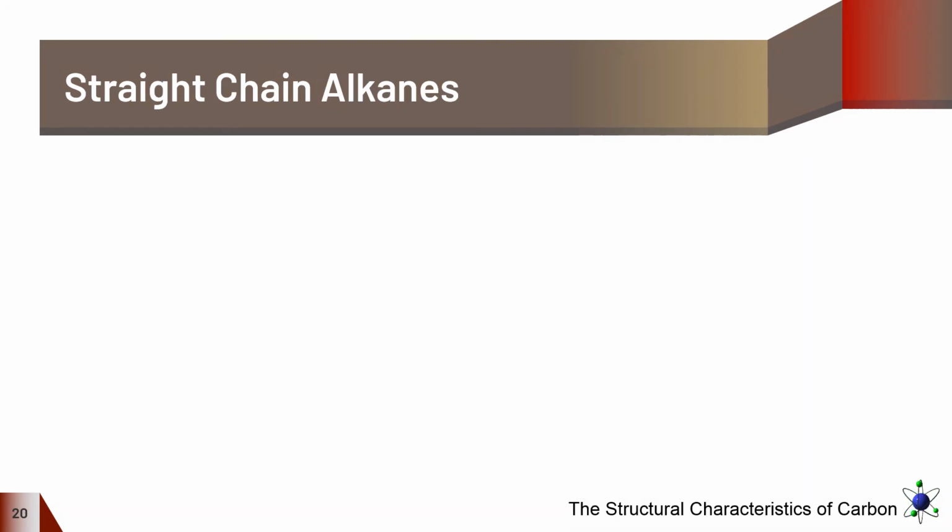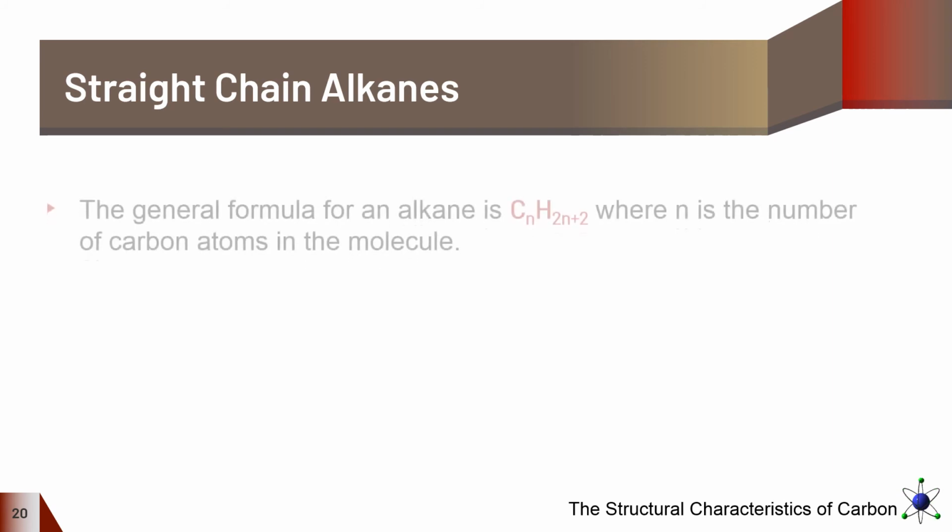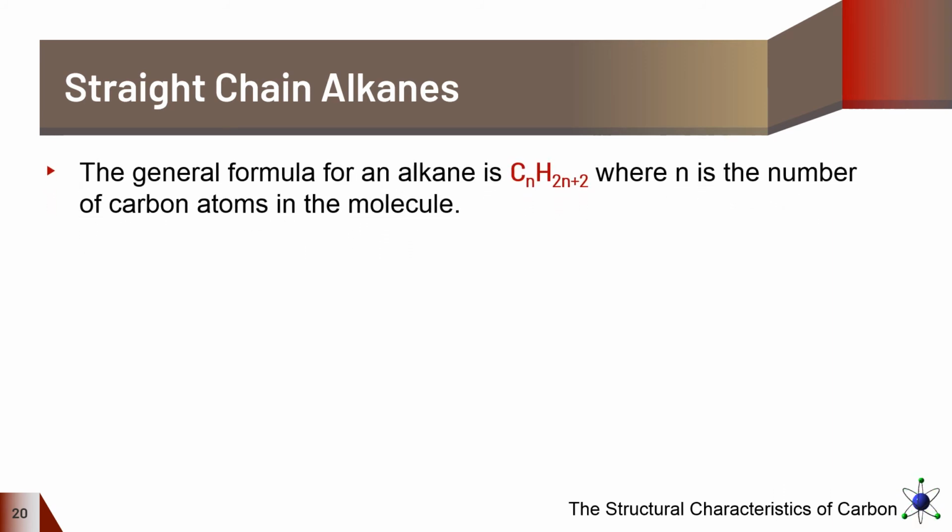How about the straight chain alkanes? The general formula for an alkane is CnH2n+2, where n is the number of carbon atoms in the molecule. So how are we going to get the molecular formula of an alkane using the formula? For example, if the given n is 4, by using the formula CnH2n+2, let us substitute 4 for the value of n.